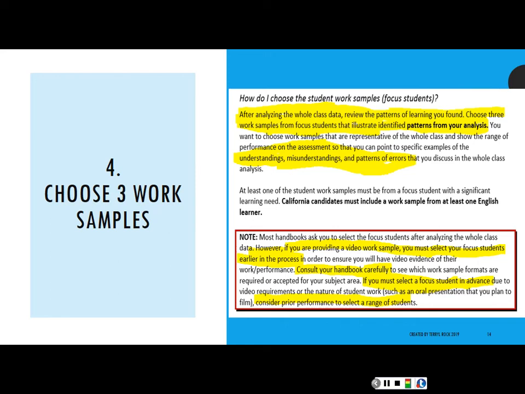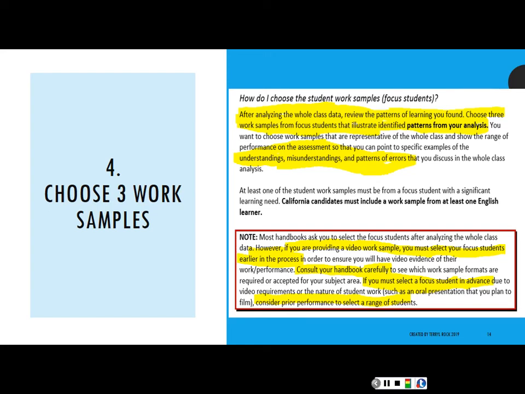If you're providing a video work sample, you are going to have to anticipate who your focus students are going to be. For example, what I would do is that I would say, I'm pretty sure, because I know my class, that I'm probably going to choose a focus student that's high, medium, and low.